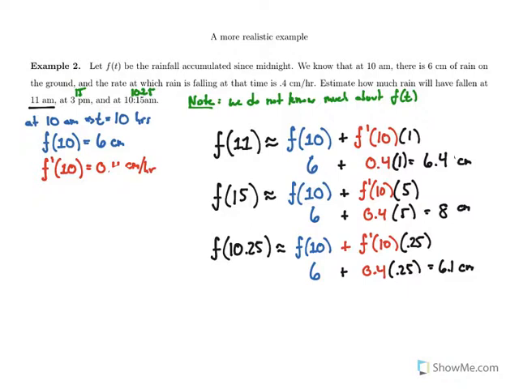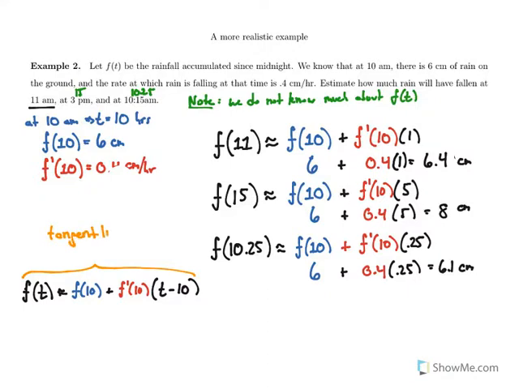So what's really going on here is that we are estimating f of t with f of 10 plus f prime of 10 times the difference between the value we're looking at and 10, or t minus 10. And this is exactly the tangent line of f of t at t equals 10.